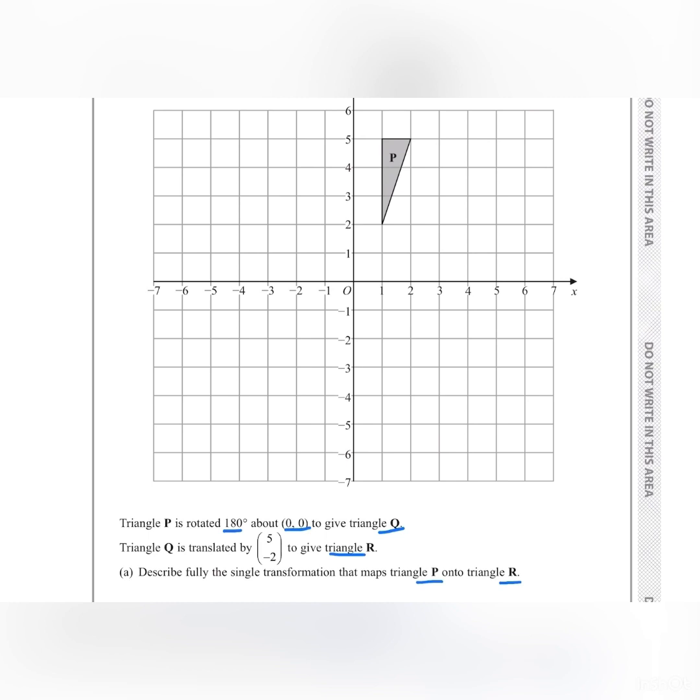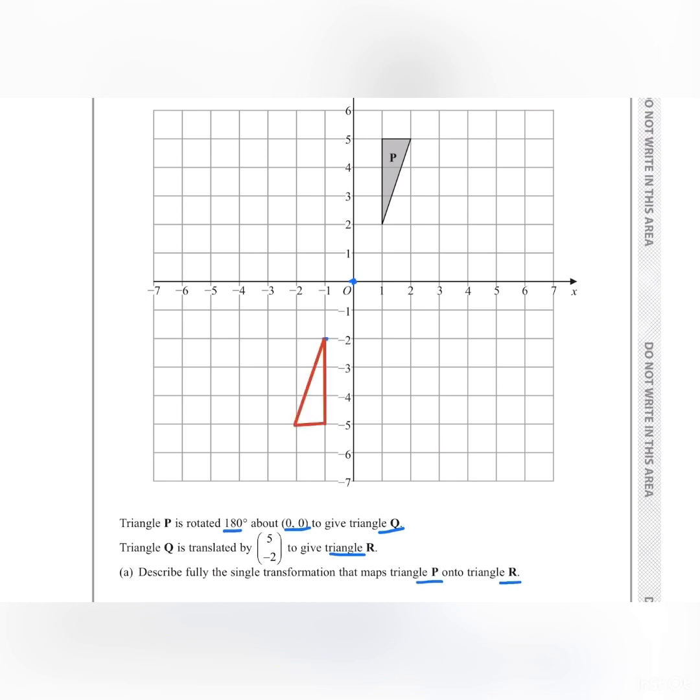Let's have a look at triangle P first, and it is rotated by 180 degrees from 0, 0. Now you can use tracing paper, trace the shape out, and turn it around by 180 degrees.